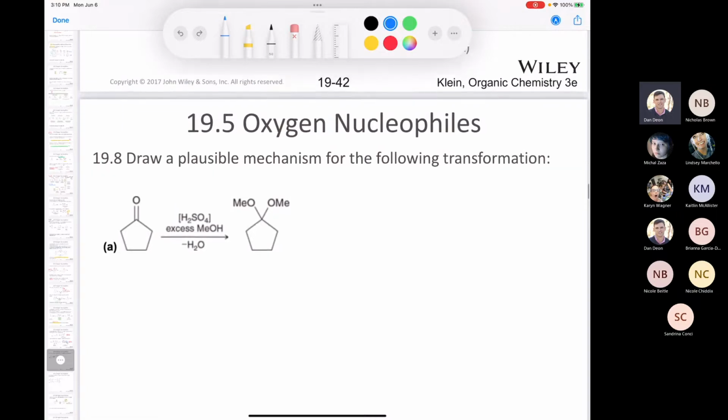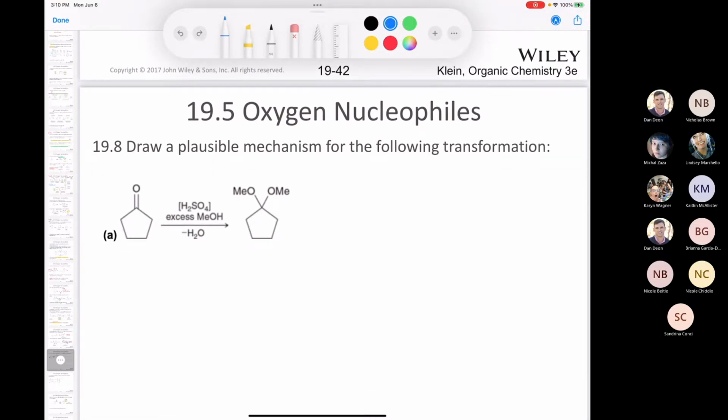Now, what's the major acid that's present here? Right, we're combining H2SO4 with methanol. H2SO4 has a pKa of -9, so it's going to protonate methanol, and mostly what my acid is going to be will be the protonated form of methanol, and I'm going to be left over with HSO4- as the conjugate base.